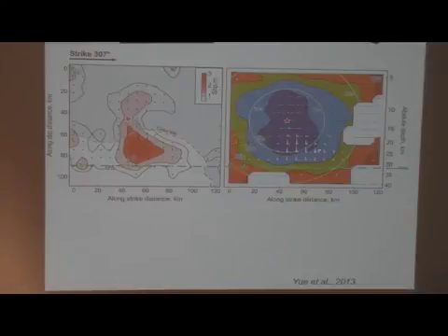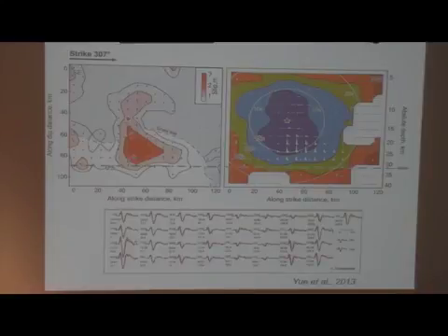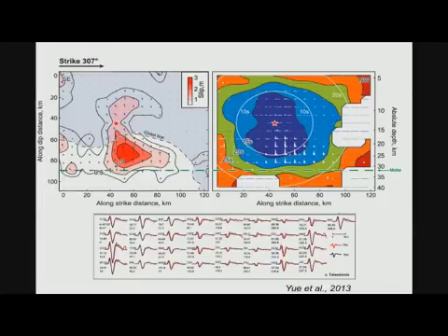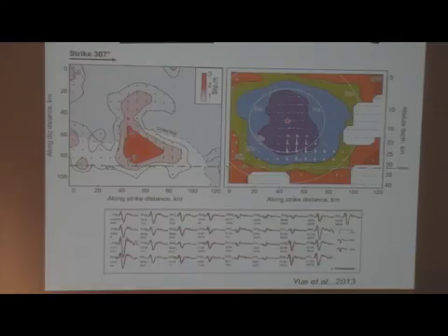Moment is proportional to slip, so here we're showing them as slip, and we can then contour values of slip. In this case, you then look at how well this model of the rupture matches the actual observations. These are teleseismic P waves, but in this particular inversion, we also included strong motion, which is very close in measurements of actually acceleration, which is what they measure.